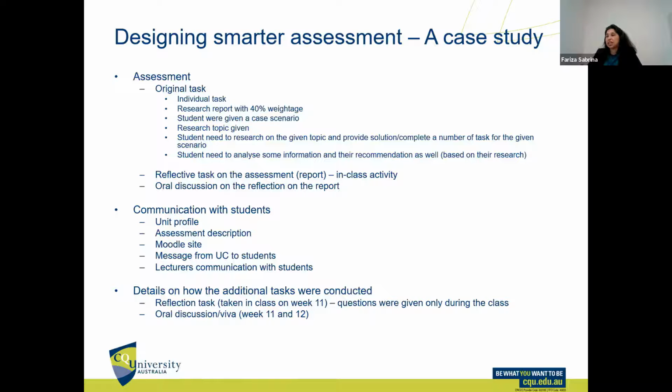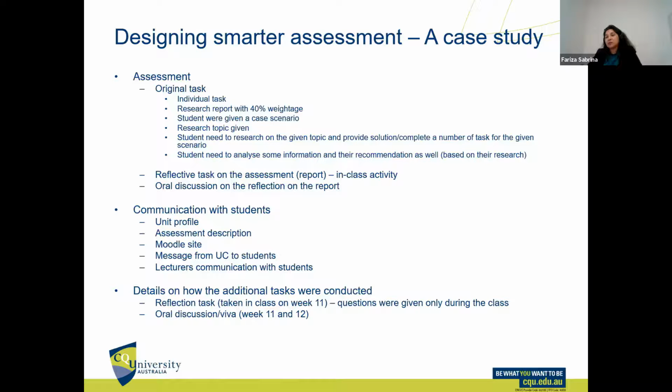So on the day of the reflective task, the students had to answer a couple of these questions, and based on their answers and also on the report, there was an oral discussion and viva.